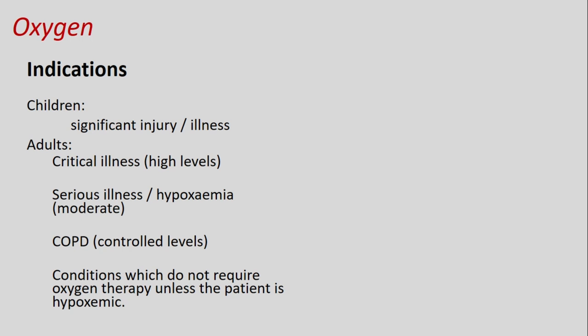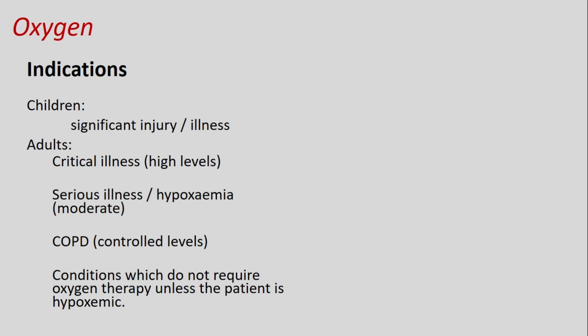Generalized umbrella categories, however, include critical illness requiring high levels of supplemental oxygen, serious illness requiring moderate levels of supplemental oxygen if patient is hypoxemic, COPD and other conditions requiring controlled or low-dose oxygen therapy, and conditions for which patients should be monitored closely but oxygen therapy is not required unless the patient is hypoxemic.